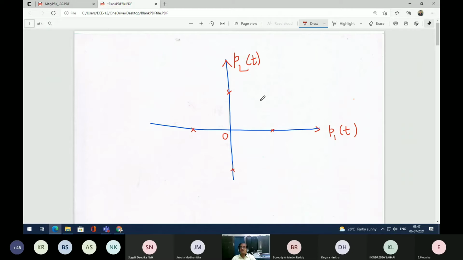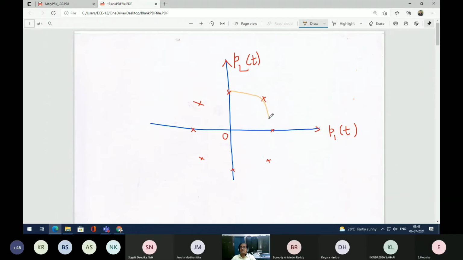Okay, and here also I can say this is another point, this is another point, this is another point. They are forming a circle. So if you draw a circle, how many signal points have I just plotted here? 8, right? 8 points, sir.